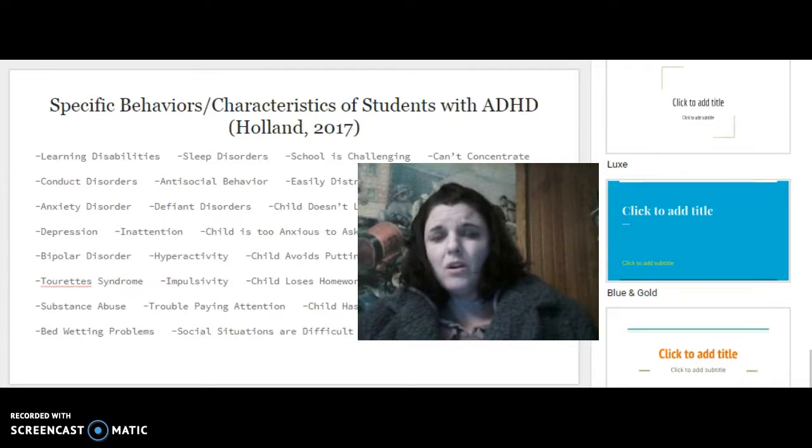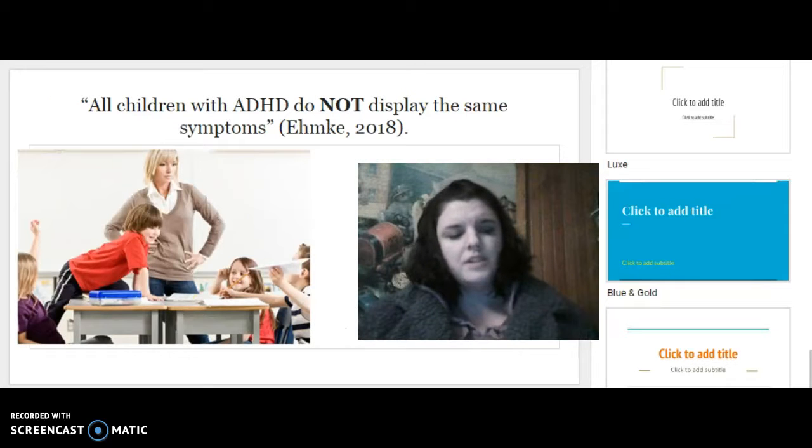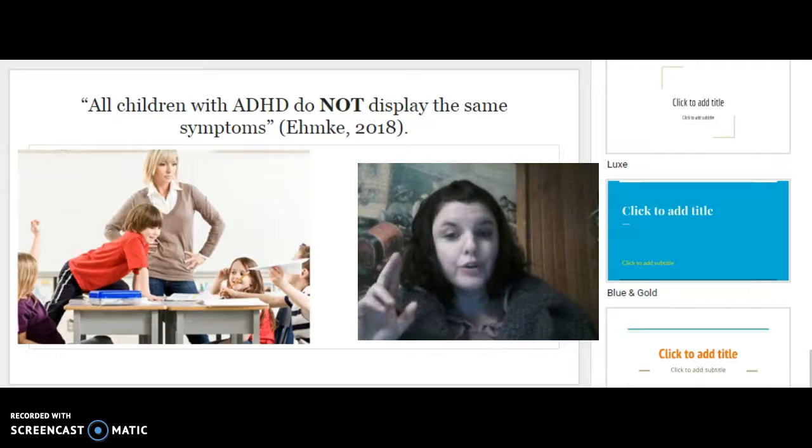They may run away often in the classroom, or they might talk a lot and interrupt. There's many things a teacher must look out for, and a child must meet these and more than one to be considered ADHD. Attention deficit hyperactivity disorder is covered under other health impaired within the IDEA law.